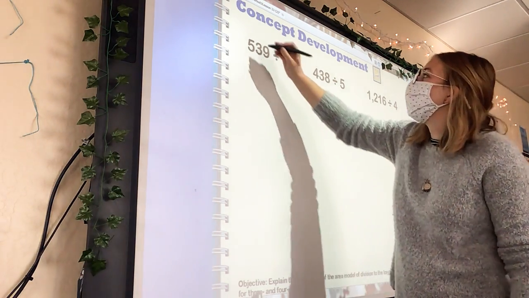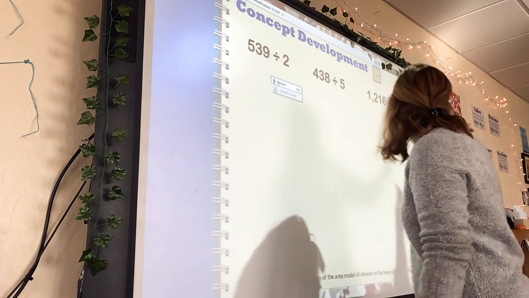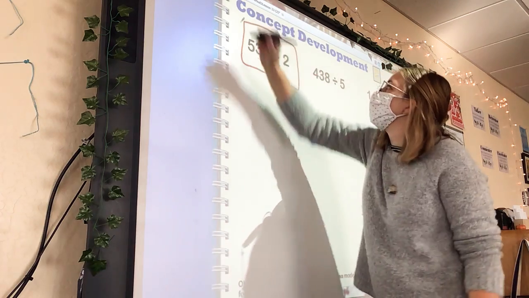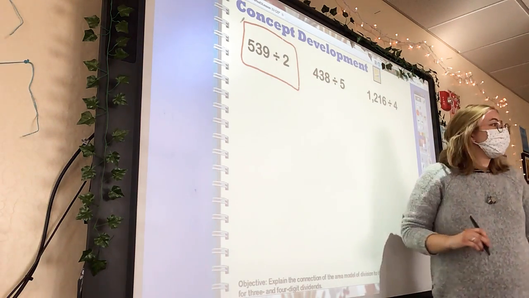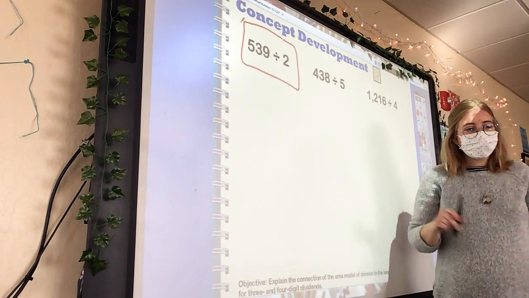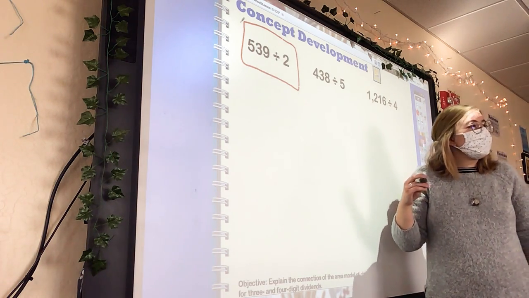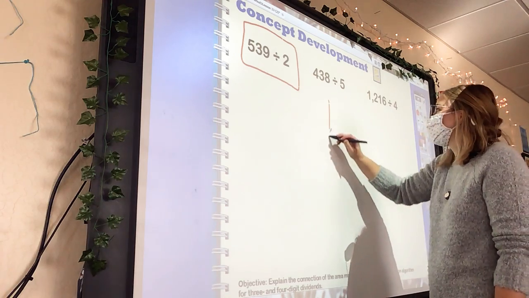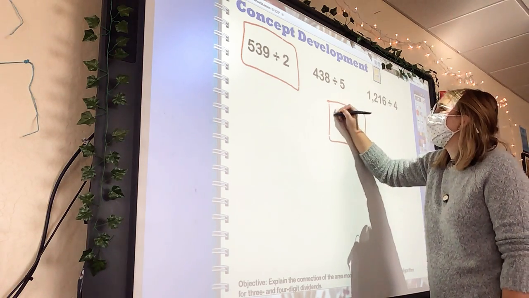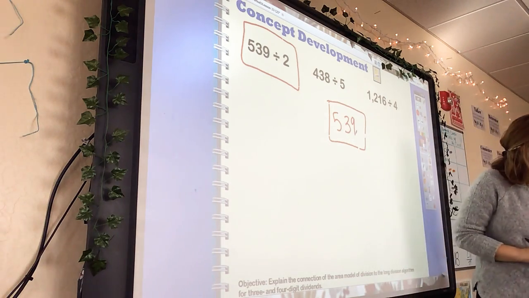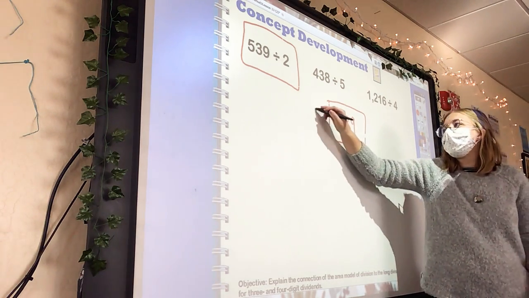Wait, are we doing the area models? Yes. But we're going to do it together. Okay, we're going to do this one together. Once you're there, go ahead and draw a rectangle with 539 as the area and 2 as the width.